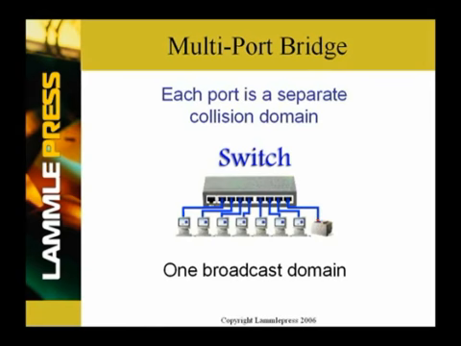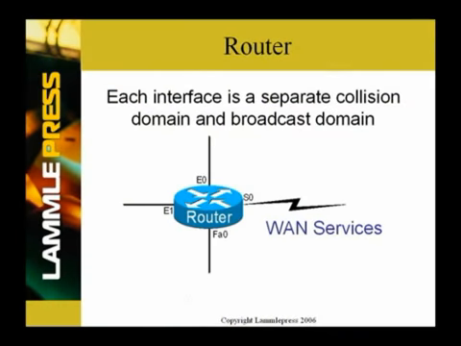Point-to-point connection. However, if one host was to send a broadcast, this would be forwarded out every port on the switch. Now, we can stop this from happening by using what's called virtual LANs. Okay, so a LAN switch, every port is its own collision domain, but it is still one large broadcast domain by default.